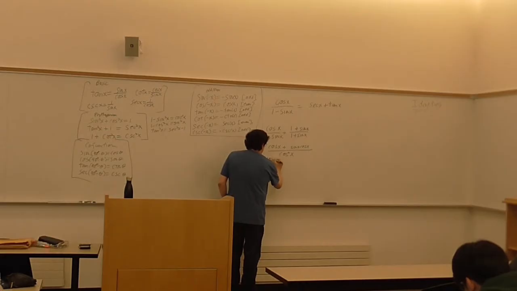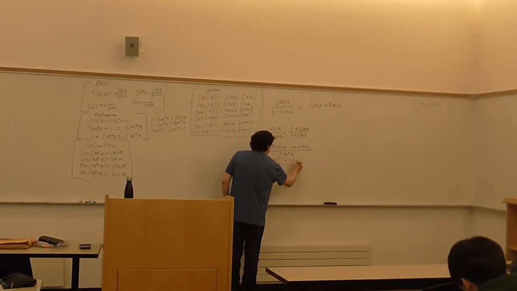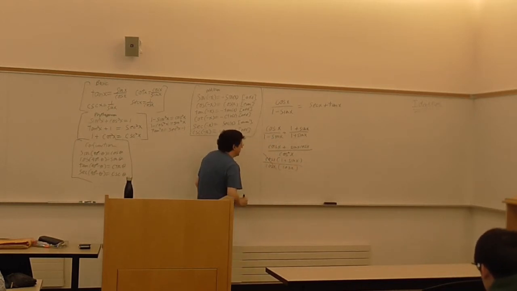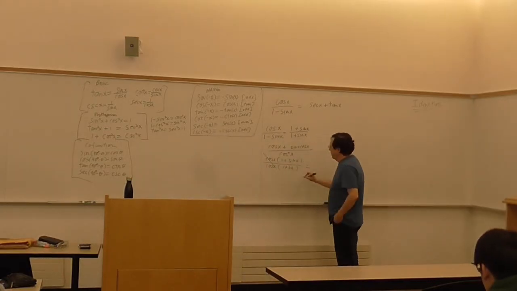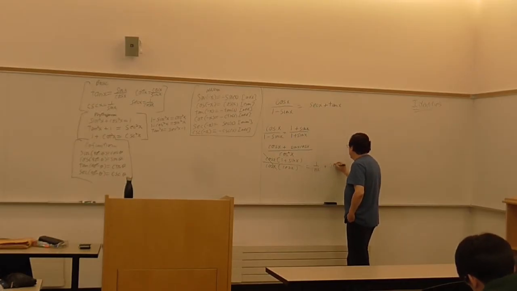I mean, this is cosine of x times 1 plus sine of x. And this is cosine of x times cosine of x. But this factor of cosine can just be canceled. That leaves us with, let's now separate this, 1 over cosine of x plus sine of x over cosine of x.